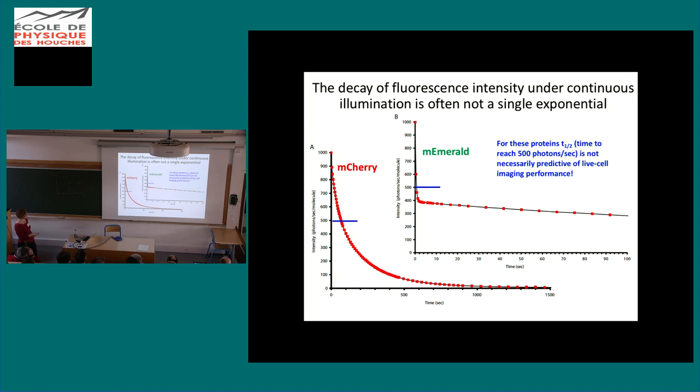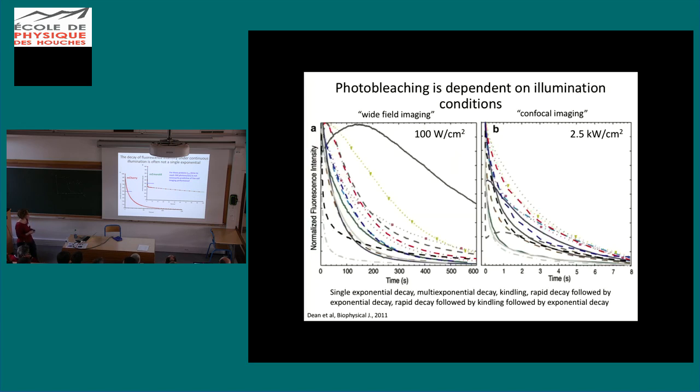So here's the 50% mark for mEmerald, and you can see that if you just use that T1/2, you're going to predict that mCherry is really much better than mEmerald. However, you see that after that fast phase, this really doesn't photobleach very much at all. And so this particular metric may not necessarily be predictive of your performance in microscopy.